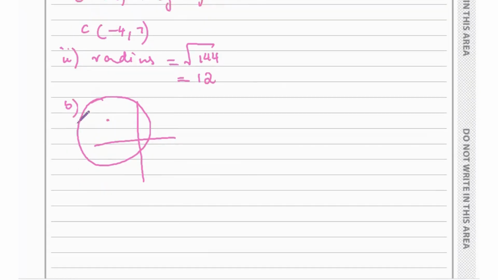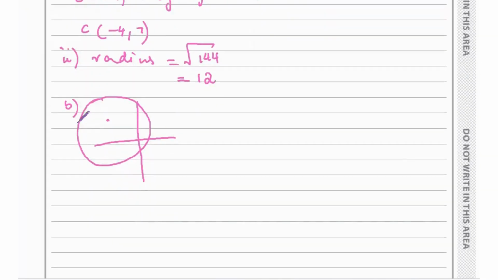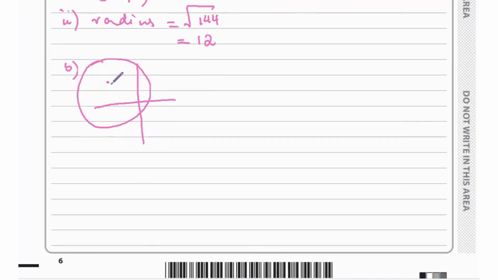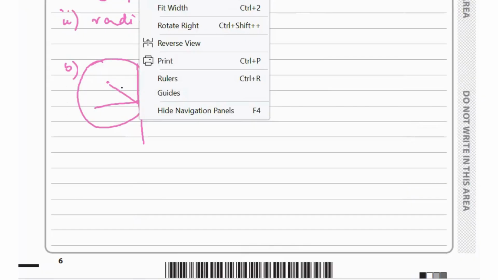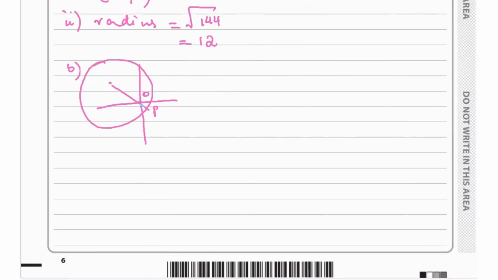We have to find the length of OP. Since the radius is 12, so this is your radius, this is R. And OP is basically the distance from point O to P. So if this is our O point, this is O, and we're saying this is P. This is OP.